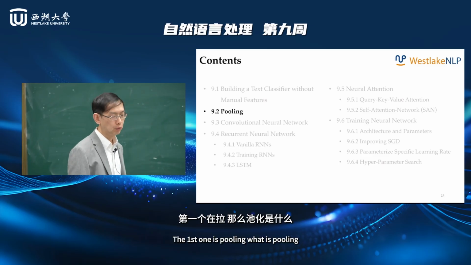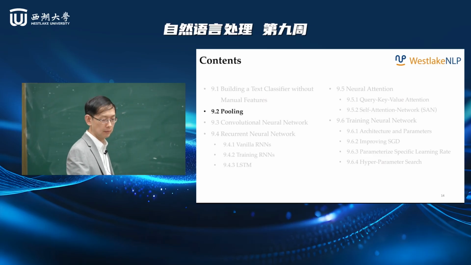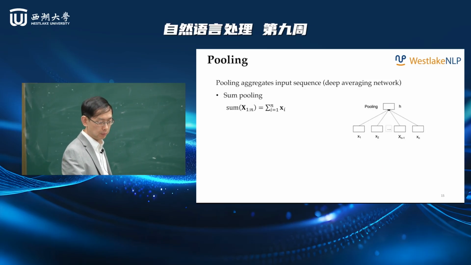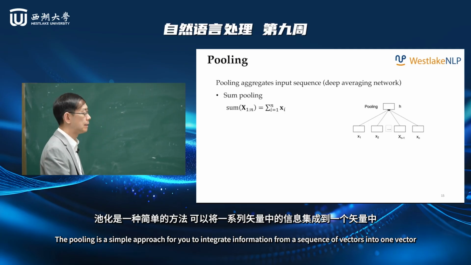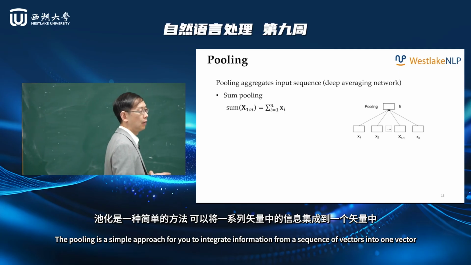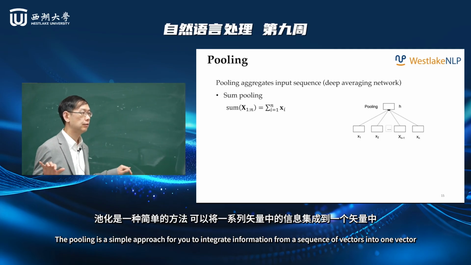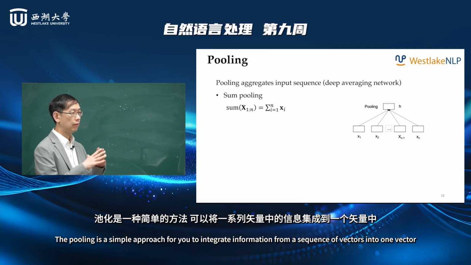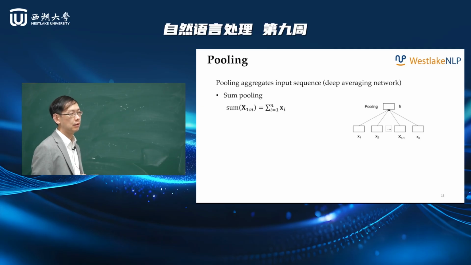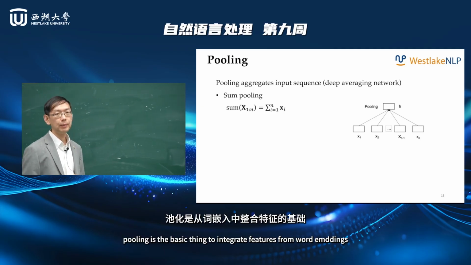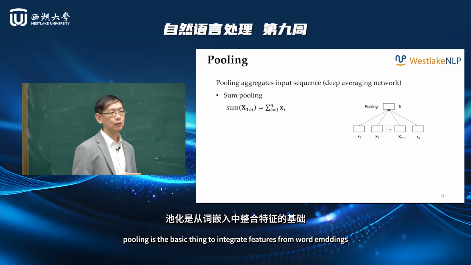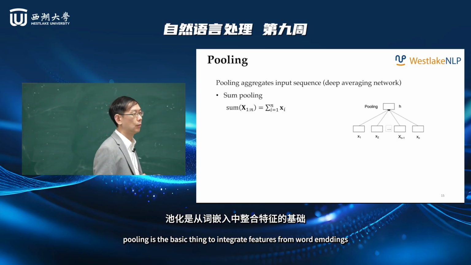The first one is pooling. So what is pooling? Pooling is a simple approach for you to integrate information from a sequence of vectors into one vector, okay? So pooling is the basic thing you need to integrate features from word embeddings.